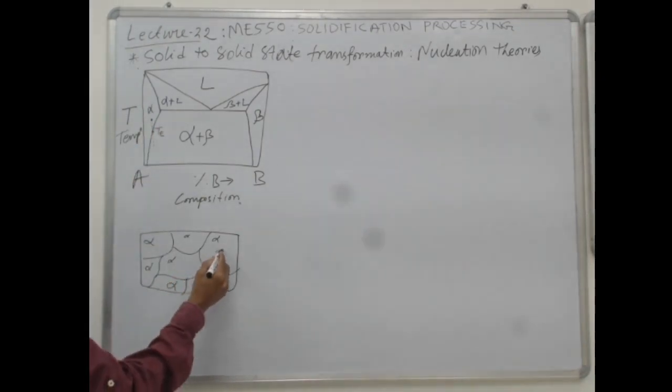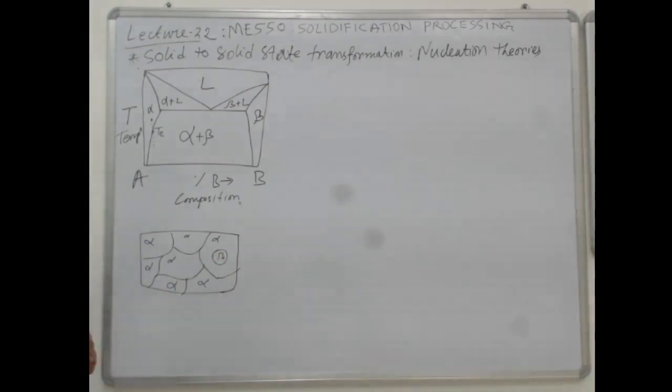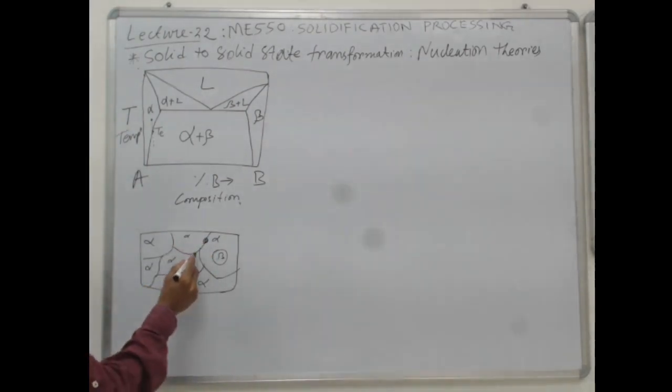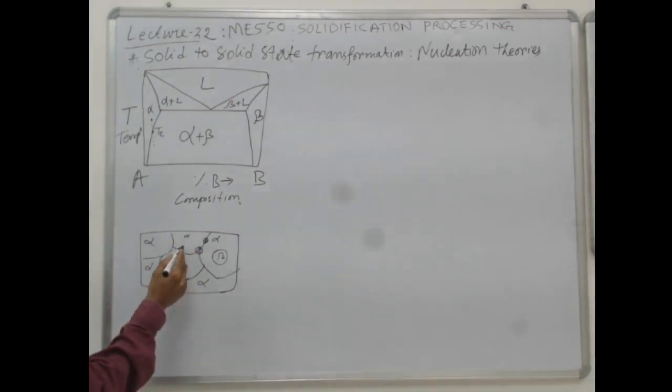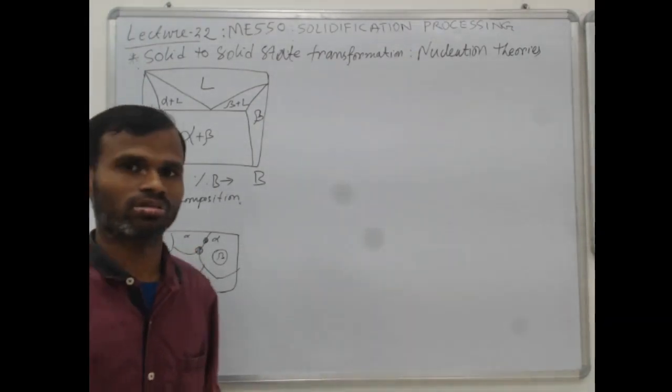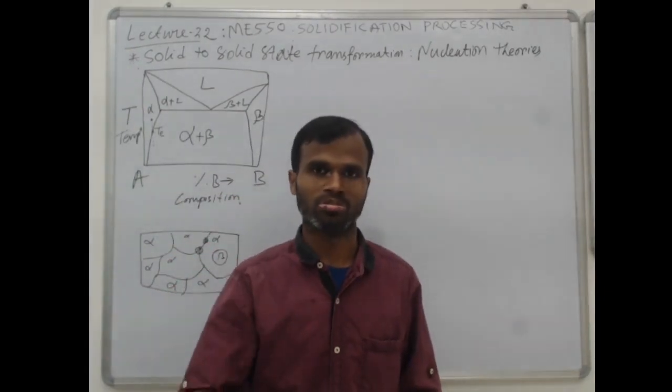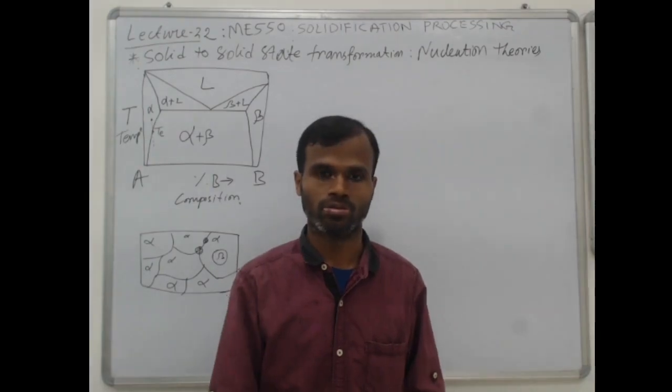beta phase will nucleate. The beta phase can nucleate inside this alpha, or it can nucleate on the grain boundaries, say at the junction of multiple grain boundaries, or at the junction of two grain boundaries. It can also nucleate at any defects, say dislocations, twinning, stacking faults.